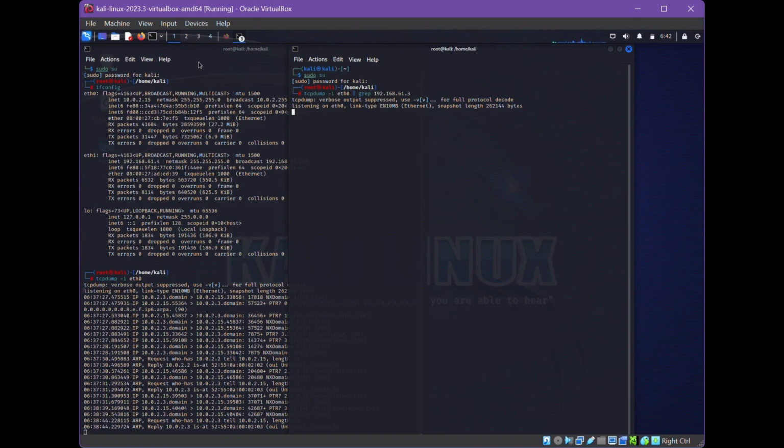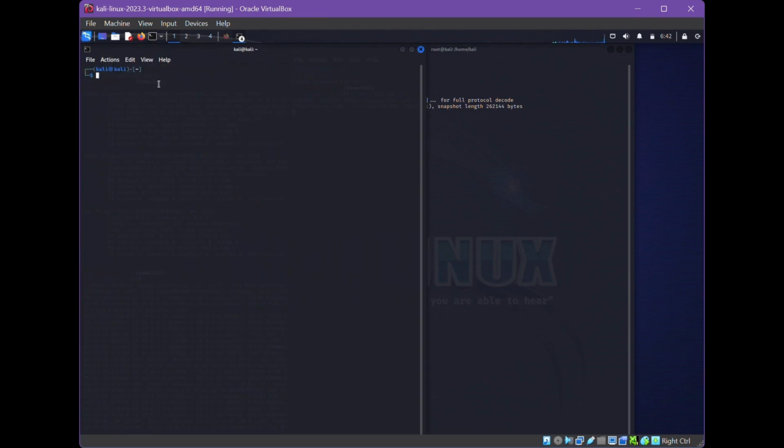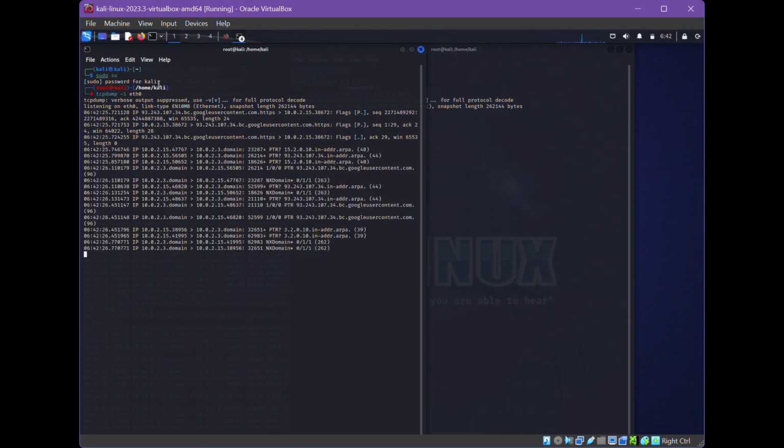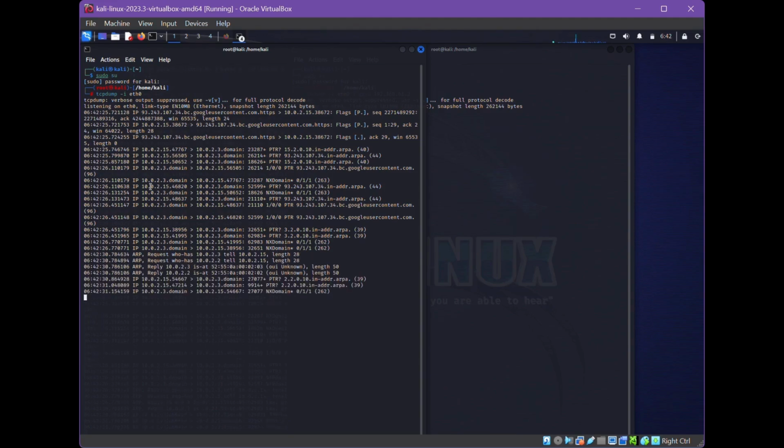We can just generally check for that, and we can just open a new one and check it here. So yeah, this will capture the flags directly, and again we can analyze it.